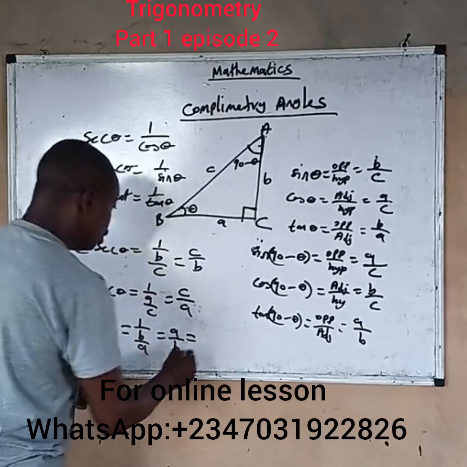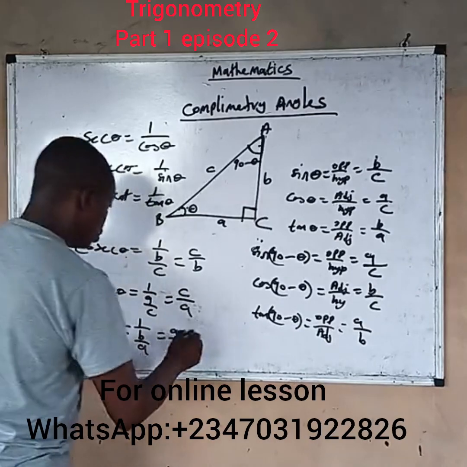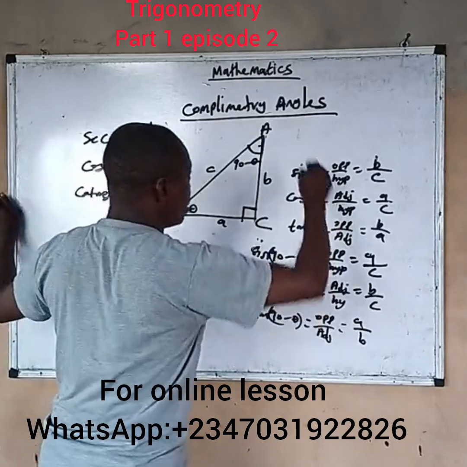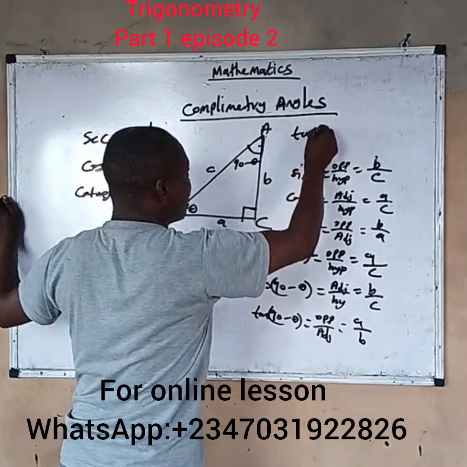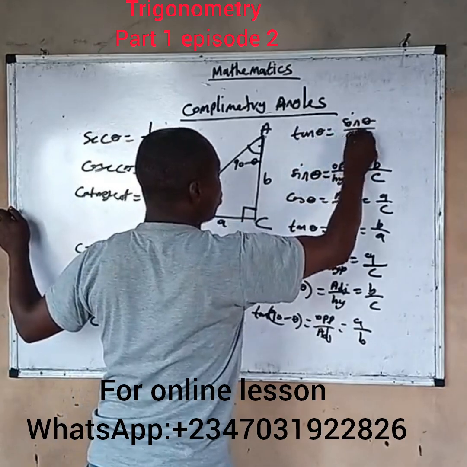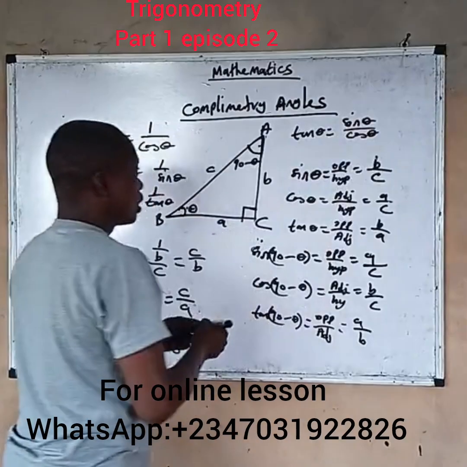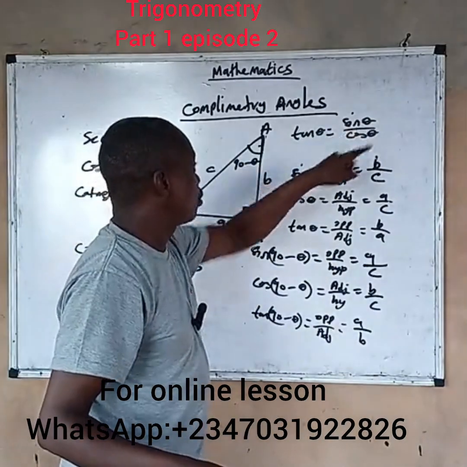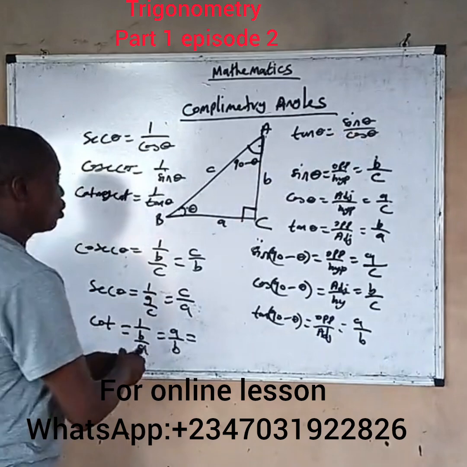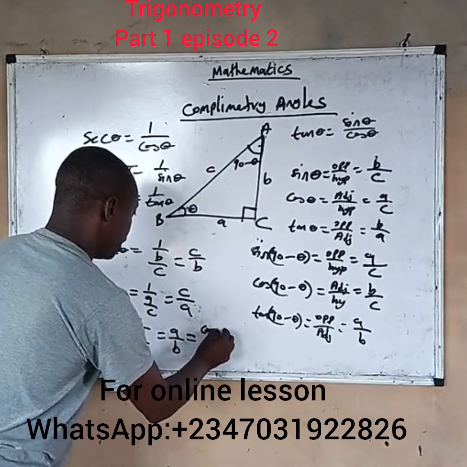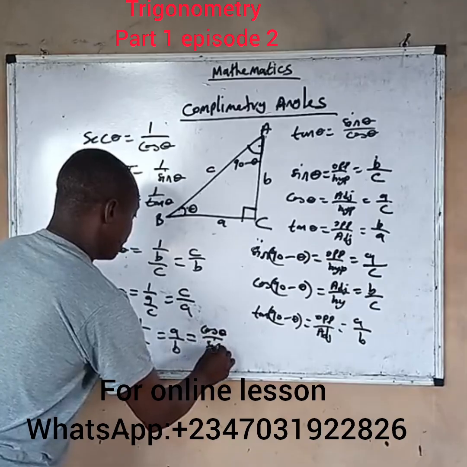Cot is also equal to, okay, before then, let's see, tan theta. Tan theta is also equal to sine theta over cos theta. So the reciprocal here is also equal to what? It's also equal to cos theta over sine theta.